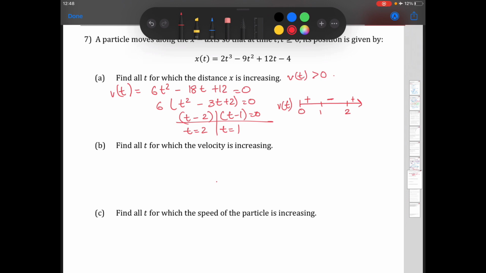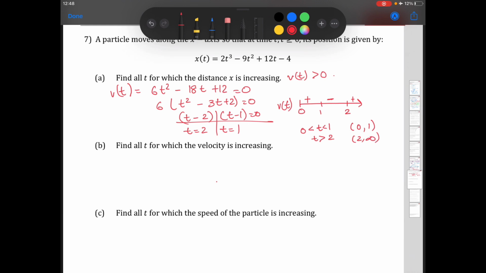So it's asking me when is it increasing. So it's increasing in 2 intervals, when t is between 0 and 1, or t is greater than 2. If I was to write an interval notation, it's going to be 2 comma infinity.